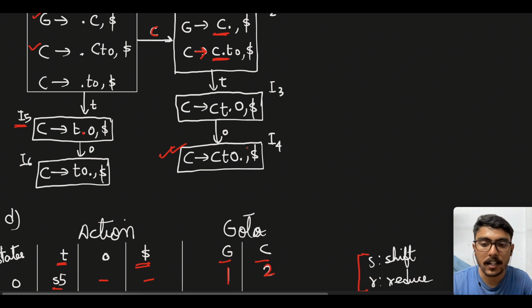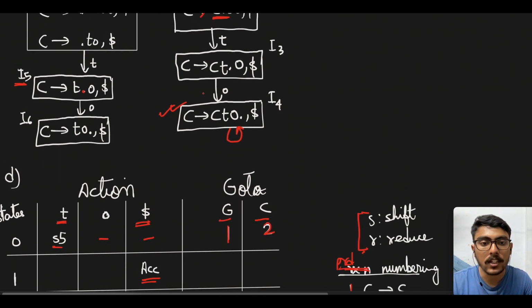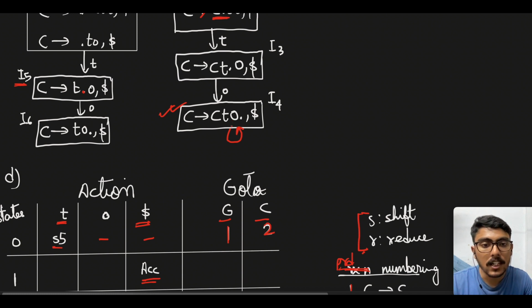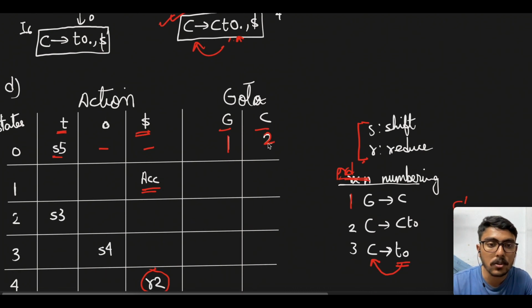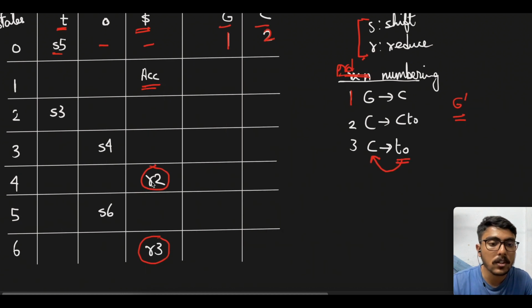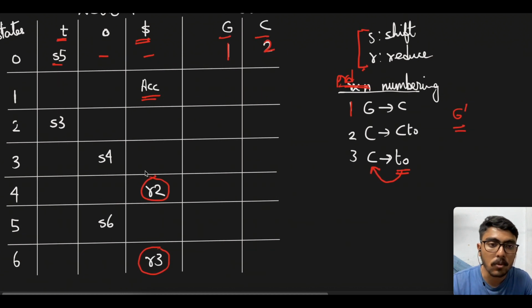Because the compiler has to deal with this condition, it will stay on that state. It will not move. Or what it can do is convert this particular string which it has encountered into C, as we discussed in the shift reduce action. So it will convert the C, T and O to C.